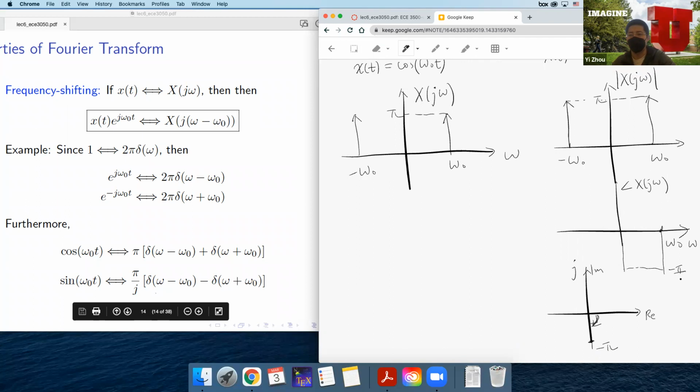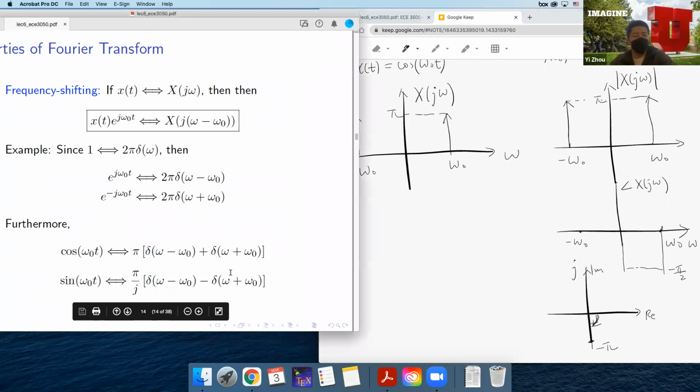Negative pi over 2. And here at negative omega naught, the corresponding coefficient is negative pi over j. Now you multiply by j, so you can actually cancel this negative sign. You get j times pi.